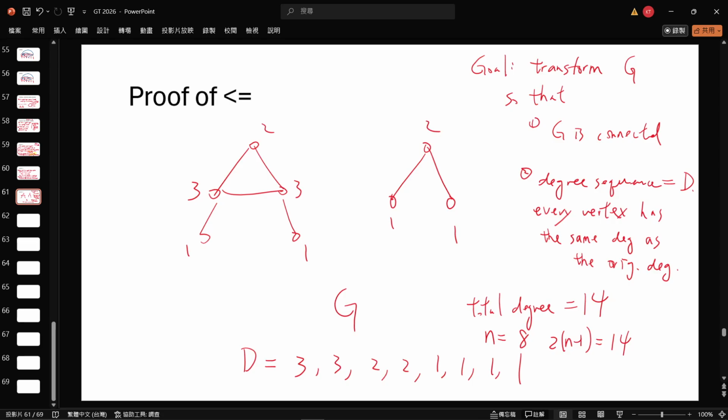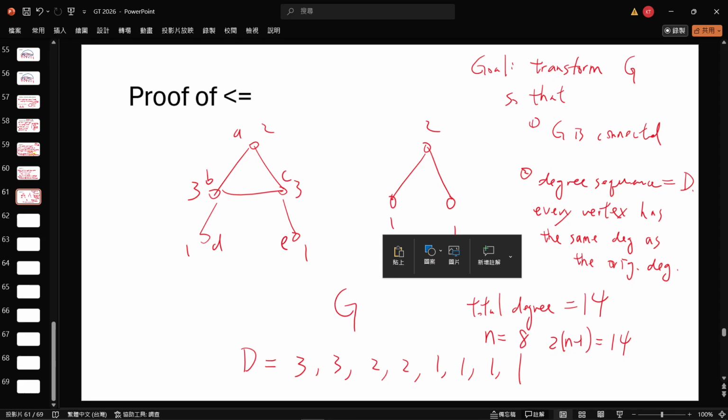Sorry. Let me first label these vertices. A, B, C, D, E, F, G, H. All right.